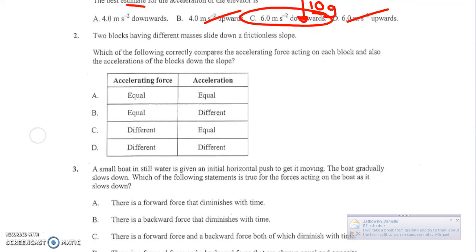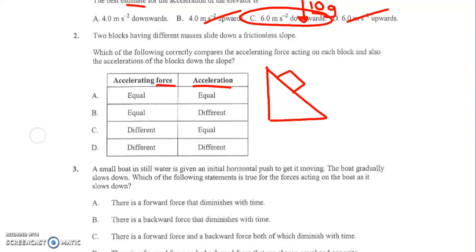All right. So 2 blocks having different masses slide down a frictionless ramp. What I want to know is how do the force and the acceleration compare to each other? So what I do know is that when the block is sitting on the ramp, its accelerating force, its weight parallel, is equal to mg sine theta. So I do know that if there's more mass, there's more force.